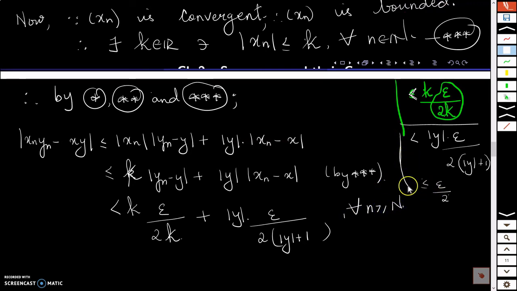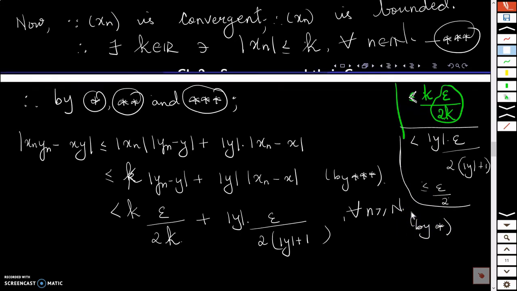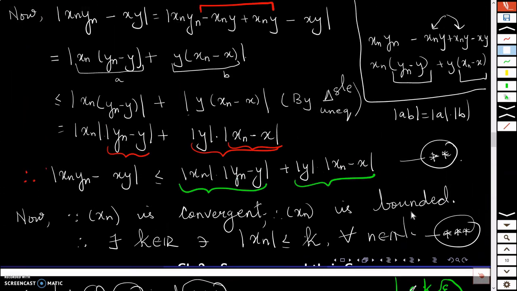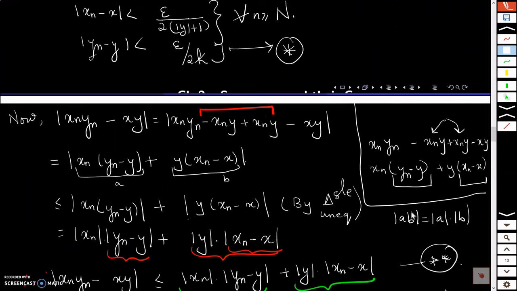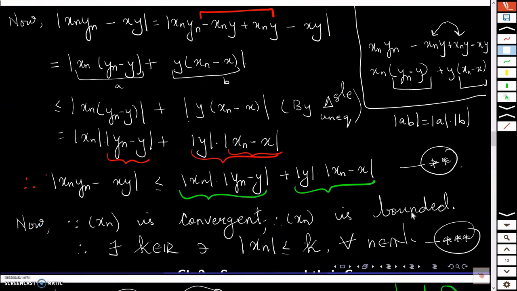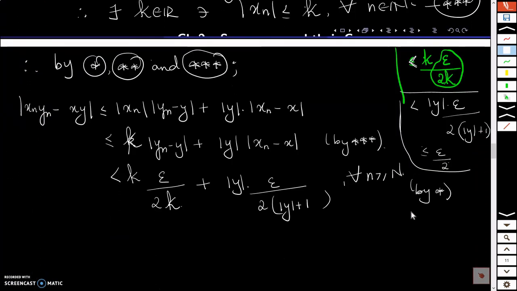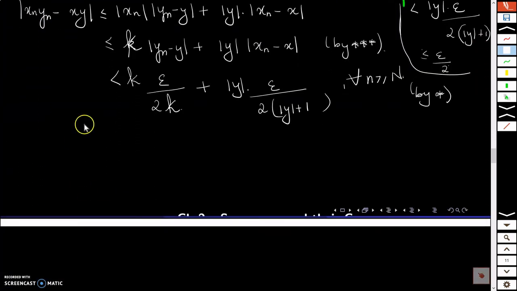Okay, so this is by star. Yes, that's expression star here. So using those two expressions in this, we finally have this. You can cancel off k with k, and that will give you epsilon by 2.